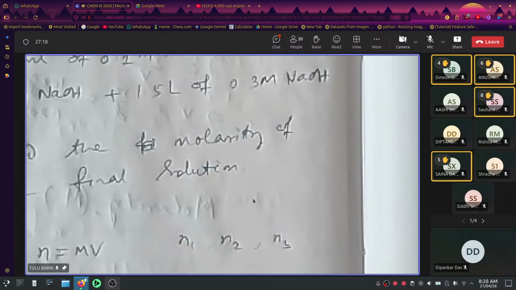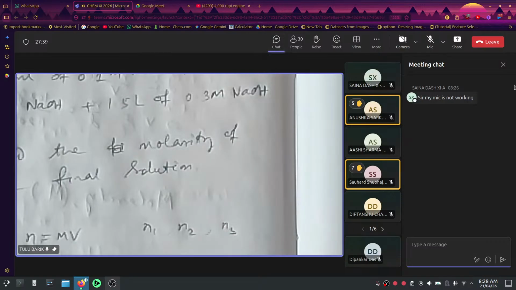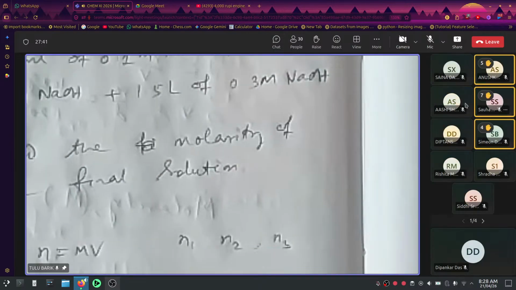So this is 0.06 mole. Like this for solution 3: n3 is molarity into volume. Molarity 0.3, volume 1.5. So you got 0.45.